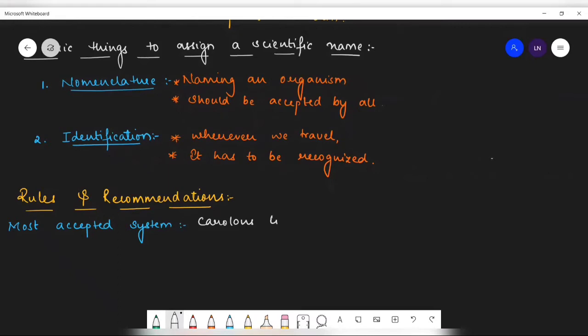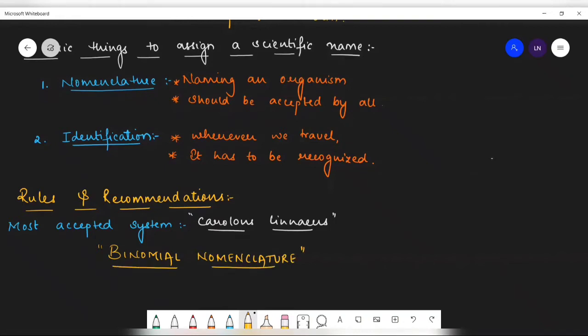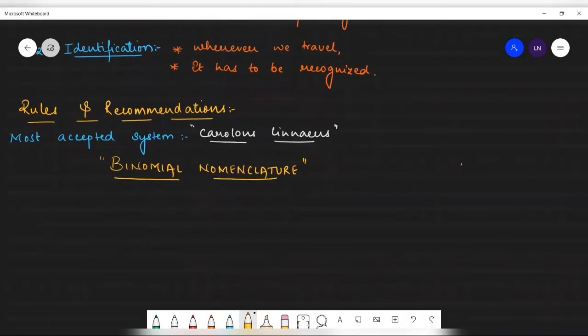It is given by Carolus Linnaeus. Okay. Now, what is this most accepted system called? It is called binomial nomenclature. So this is the most accepted system of naming.